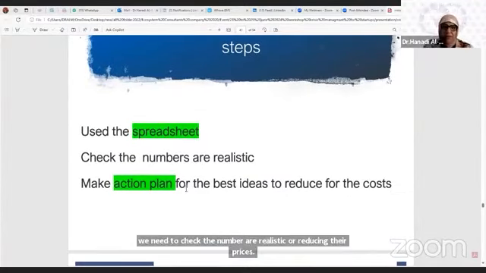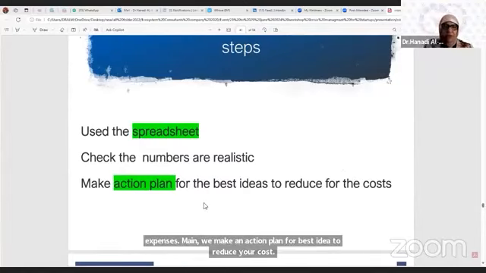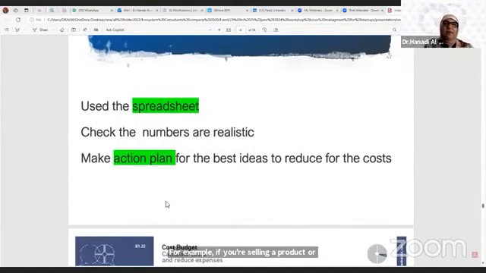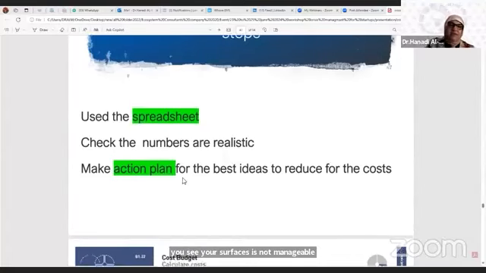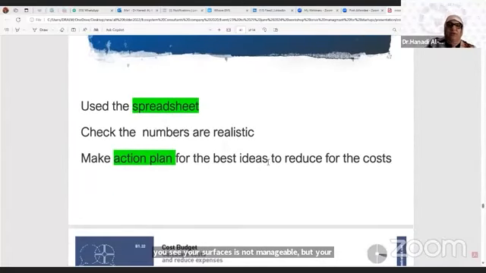Then we make an action plan for the best idea to reduce your cost. For example, if you're selling a product or services and you see your sales are not manageable, but your friends and others are selling more, you need to take care about your price list, and you need a pricing strategy, and you check your prices.